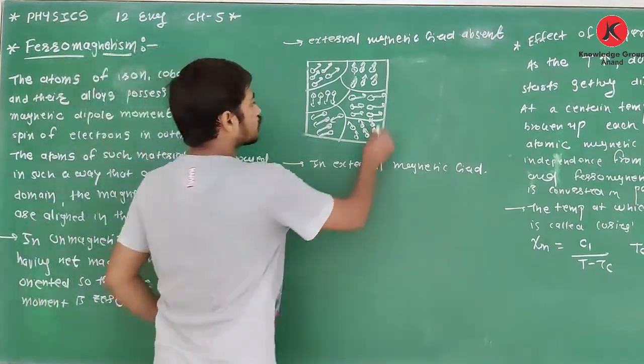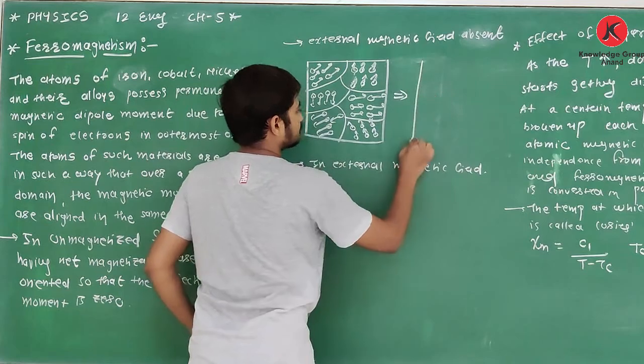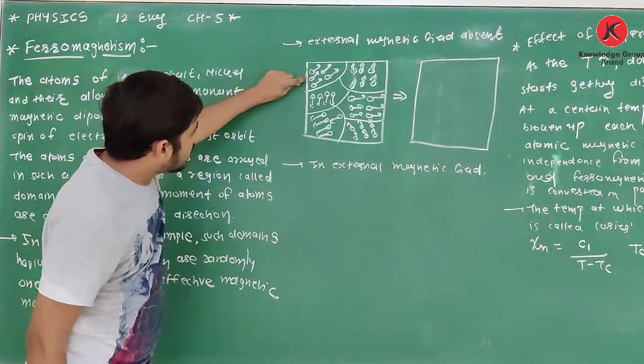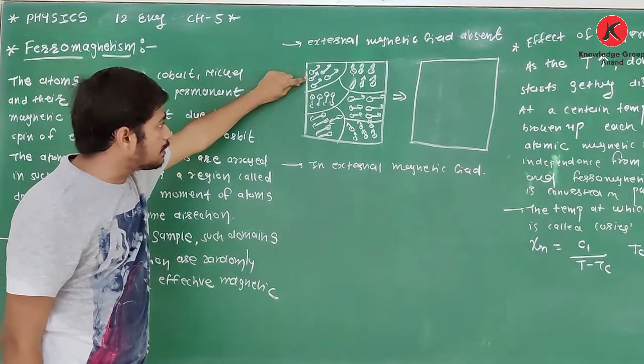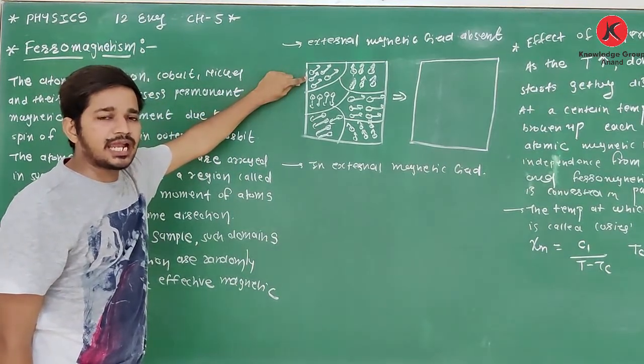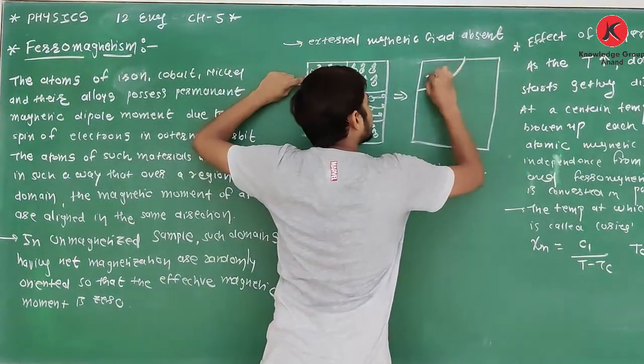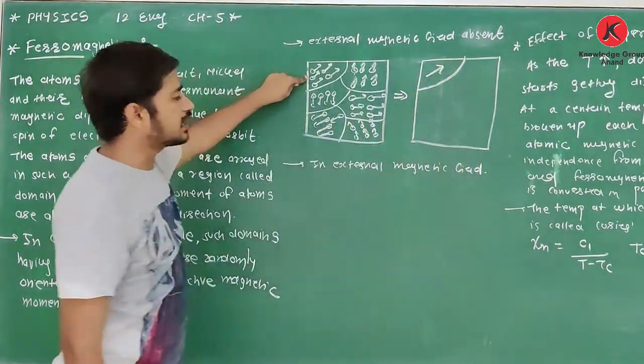So I can also draw this figure like this. In this domain, each and every atom has the same direction, so I can draw the resultant magnetic moment in this direction. Clear about this?